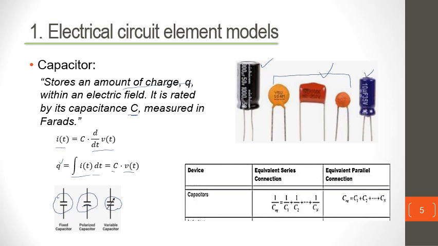Like resistors, an equivalent capacitance for capacitors in parallel would simply be the sum of all of the capacitors connected in parallel. If, on the other hand, the capacitors are connected in series, then 1 over the equivalent capacitance is equal to the sum of 1 over all the individual capacitances.